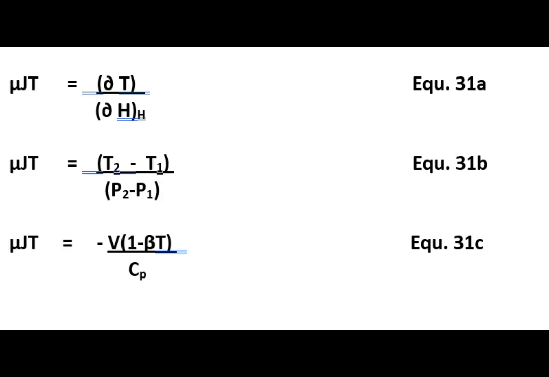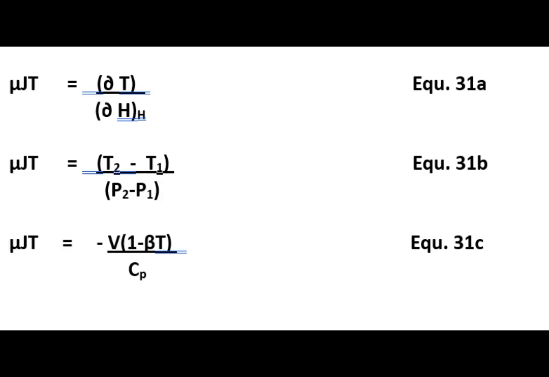If μJT is 0 or negative, the gas warms upon expansion. 8.4 Application of the Joule-Thomson experiment. Gas liquefaction, for example, in air separation plants, LPG production. Refrigeration and cryogenics.